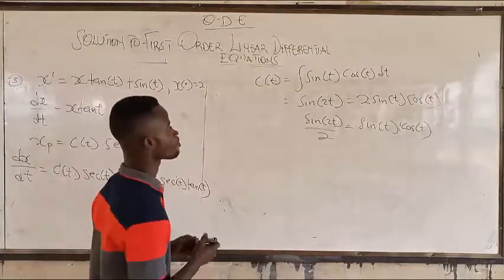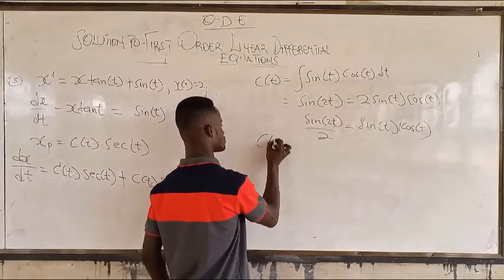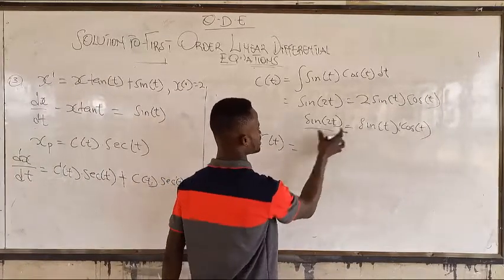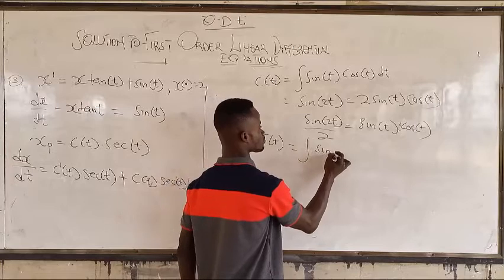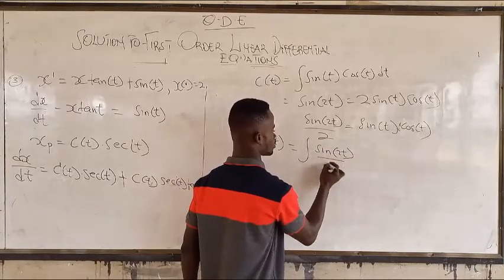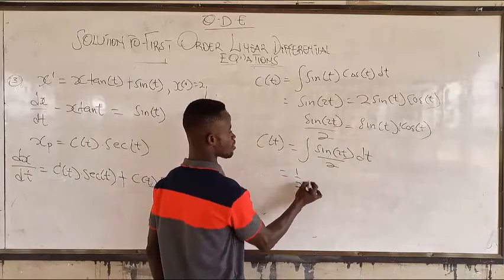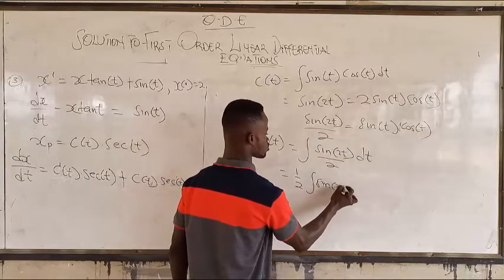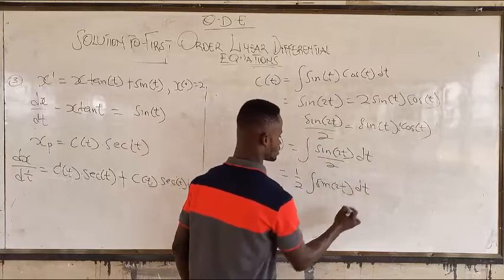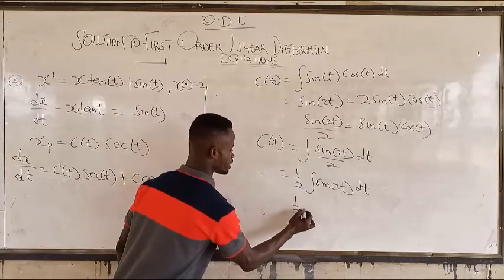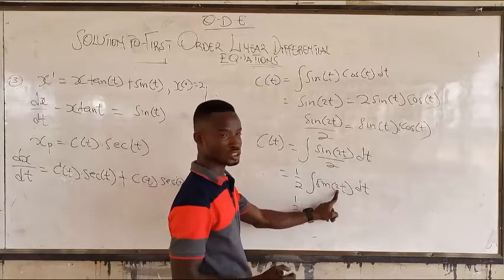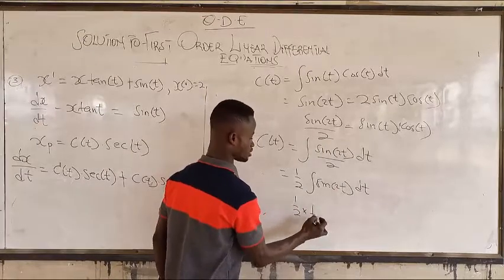So for you to integrate this is the same as integrating this. So here, half will come out, integral of sin 2t. And when you integrate this, the constant will divide.